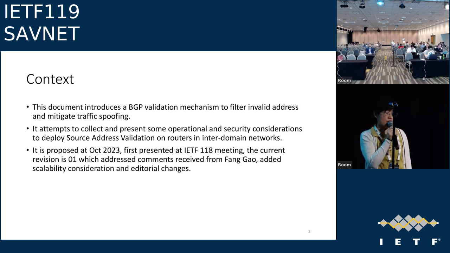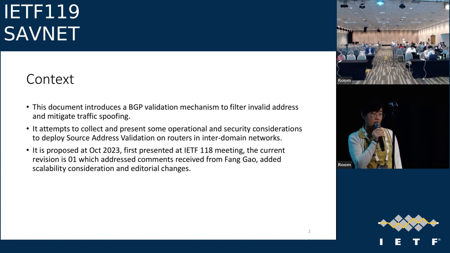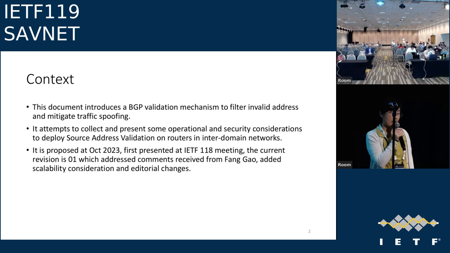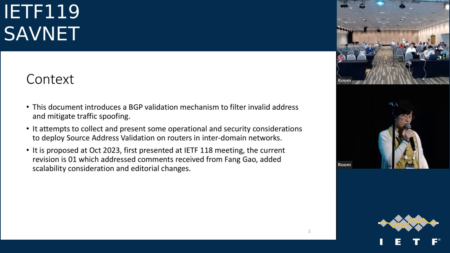It was proposed in October 2023 and has been presented at the IETF 118 meeting. In this current revision, we have updated it to address comments received from Gaofang, and added scalability considerations, co-author updates and some editorial changes.